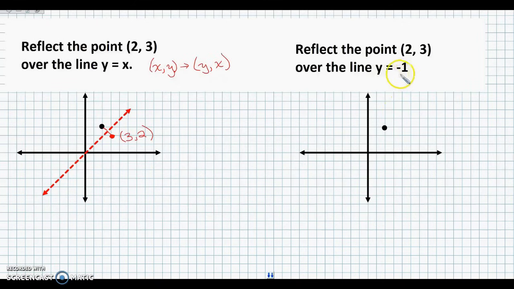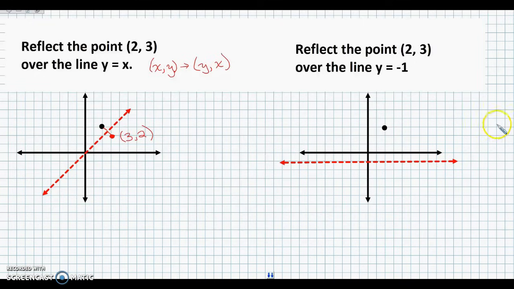Every point on this line has a y value of -1. So my x value could be -300, -2, 7, but all of these y values are -1. So this is the line that we are reflecting over.